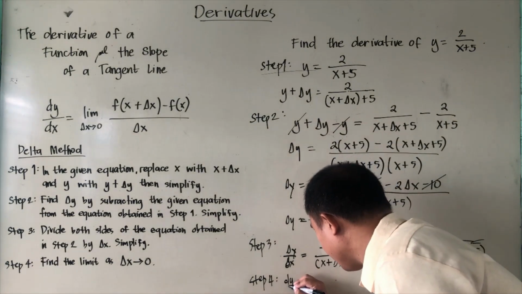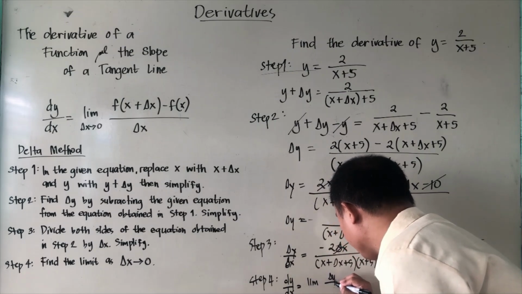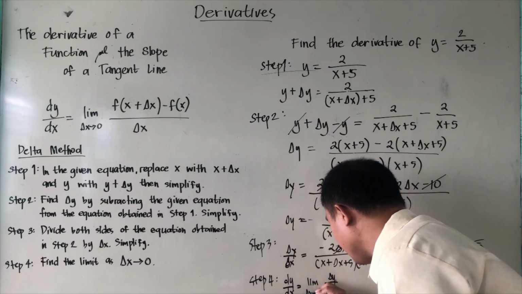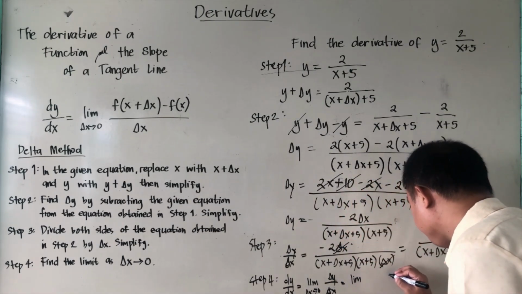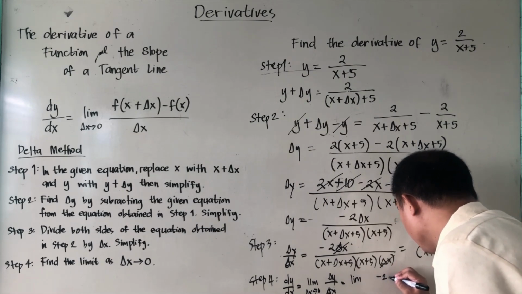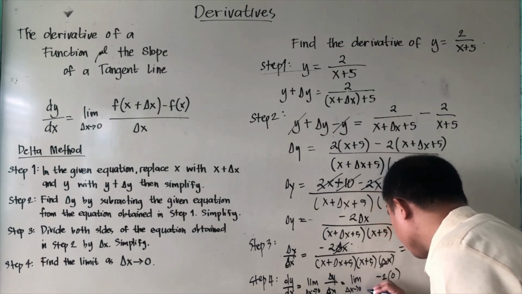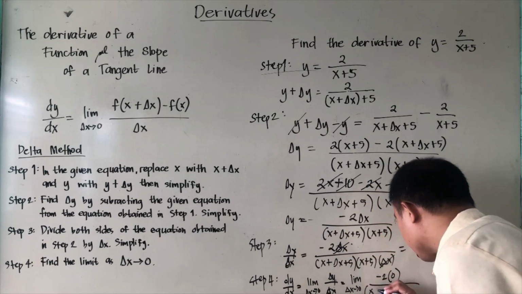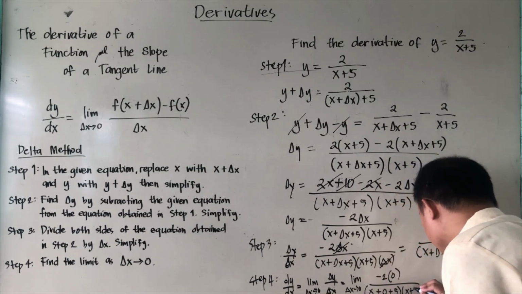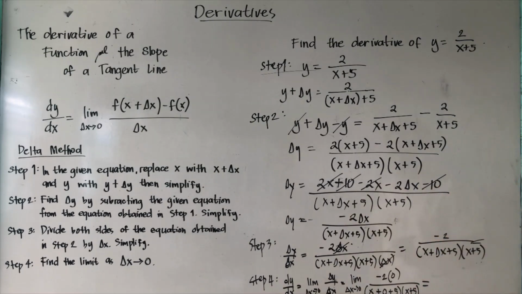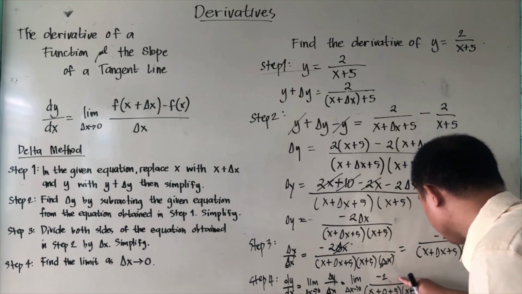Therefore, dy over dx is equal to the limit of delta y over delta x as delta x approaches 0, which is equal to the limit of negative 2 over x plus 0 plus 5 times x plus 5, as delta x approaches 0. There is no delta x left because it is just negative 2 now.